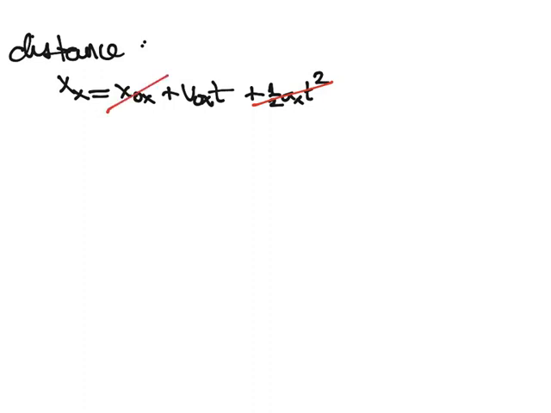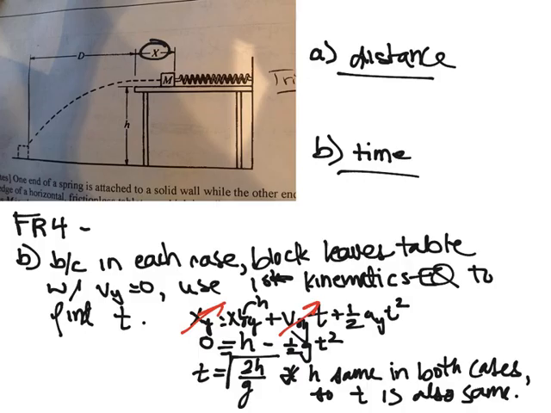Alright, so the horizontal distance that it flies, what I'm really looking for is xx, and I know that xx will be equal to xox plus voxt plus 1/2 axt squared. In both cases, ax is 0 and xox is also 0. I know that my t from before is just root 2h over g.